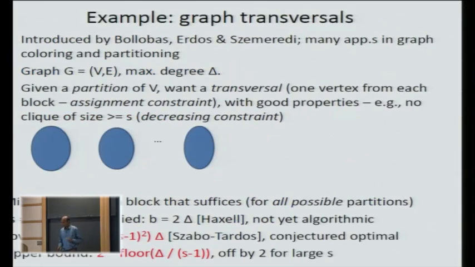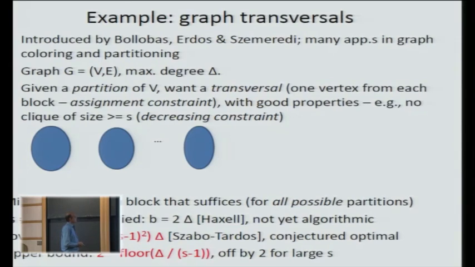So here is actually an interesting application of this, and I have a nice open problem for you, starting from Penny Haxell's work, right? This was introduced by Lovász, Szemerédi and Tardos, and it has several applications. It's called the independent transversals problem, right? You have an undirected graph with max degree delta, and suppose an adversary partitions the vertices into blocks.